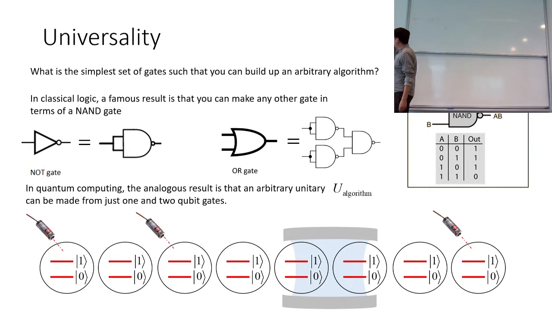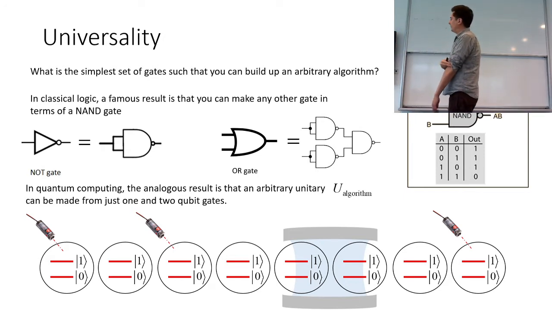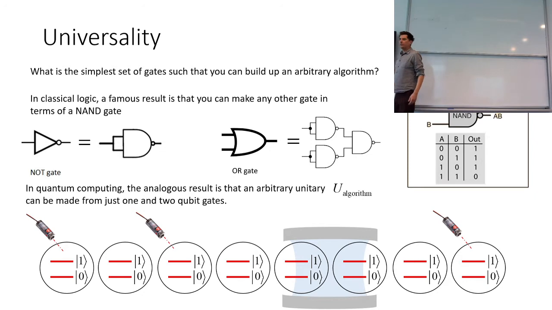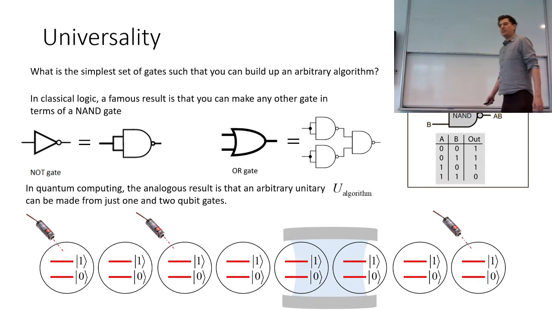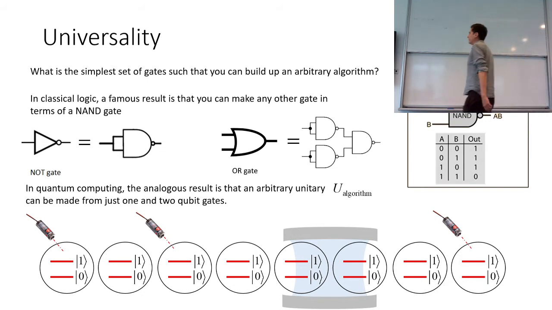Are you familiar with this kind of gate logic in general? Seen it before? Yes, in computer science. Right, okay. For those of you not familiar with it, when I first did it, I thought this was nice and easy stuff, and quite intuitive.